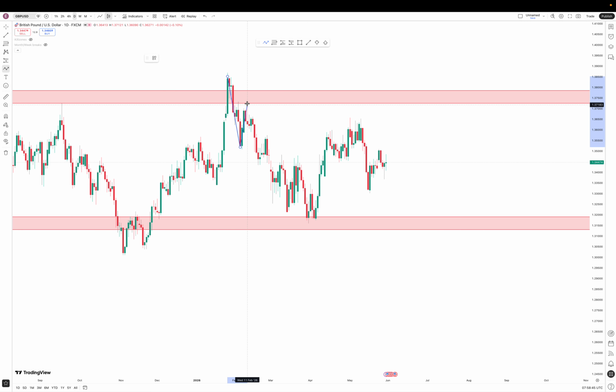We got a retracement, then selling continuation, another retracement, and we got a push to the downside. This was another retracement, then a lower low, lower high. It gave us a lower low, and here is our last lower low.